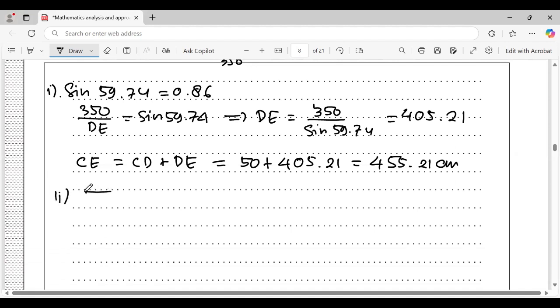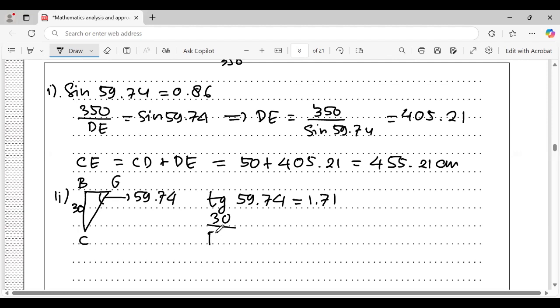The right angle triangle like this. This angle is 59.74, this side is 30, B, G, and this is C. Tangent 59.74 equals 1.71, and 30 over BG equals tangent 59.74.